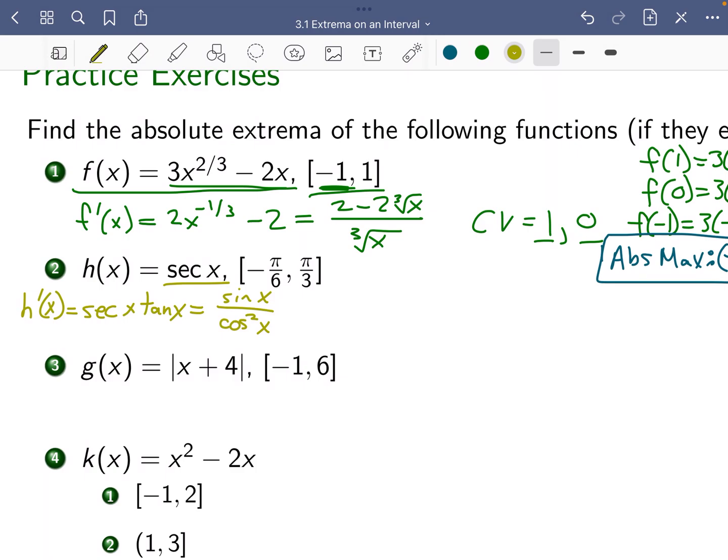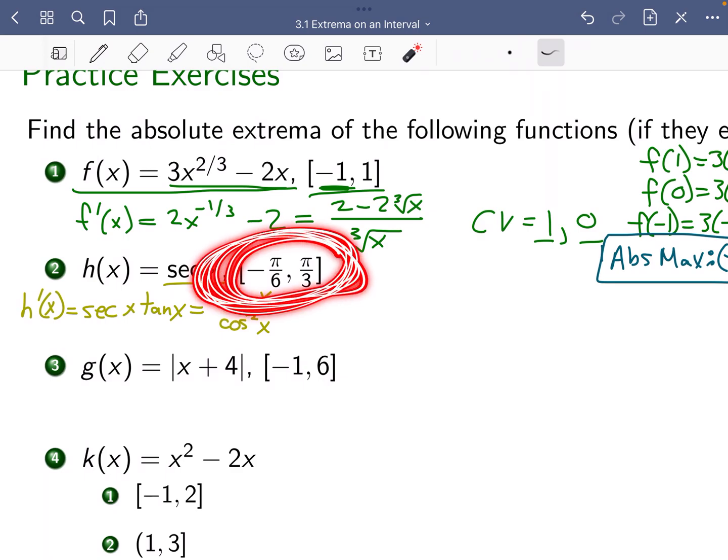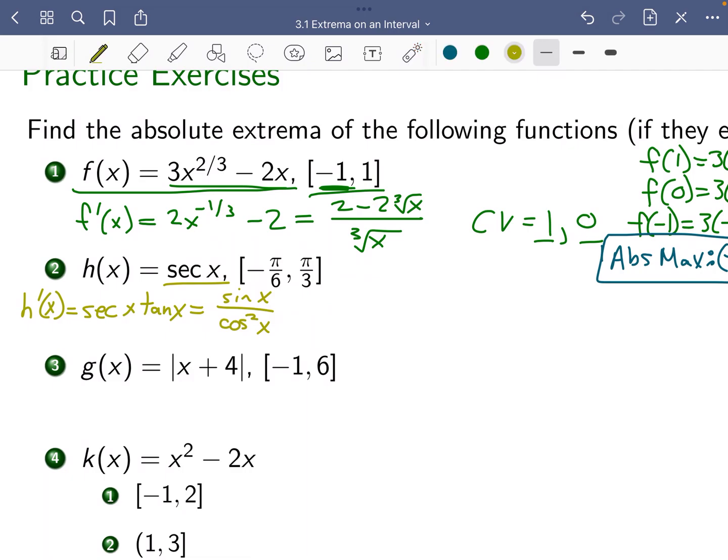This will be equal to 0 when the sine is equal to 0, or it will be undefined when cosine is 0. So that's going to occur at 0. You'll have it at positive and negative pi over 2, but positive and negative pi over 2, those are outside of this interval. And so in that interval, the only critical value is 0.